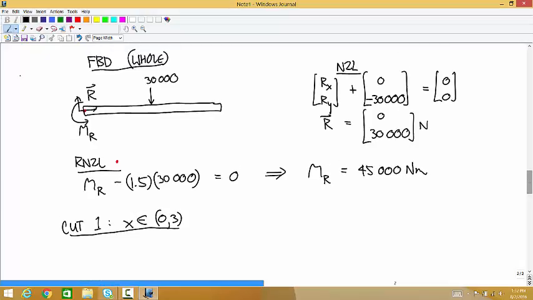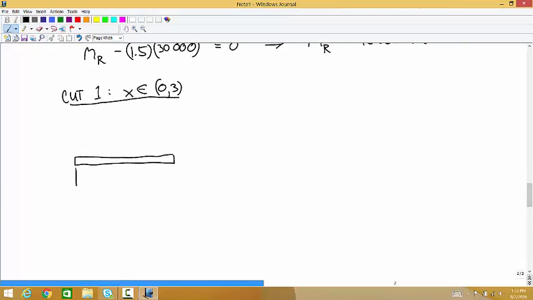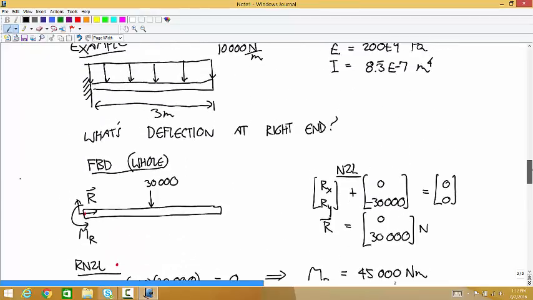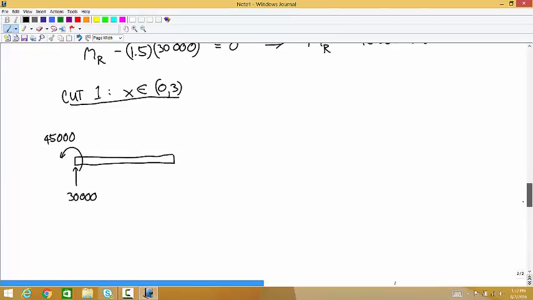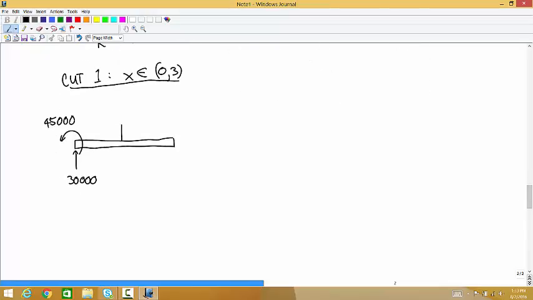At the left end, we have an upward force of 30,000 and a positive couple of 45,000. The distributed load is 10,000, so when we treat that as a point force, this is just going to be 10,000 x.